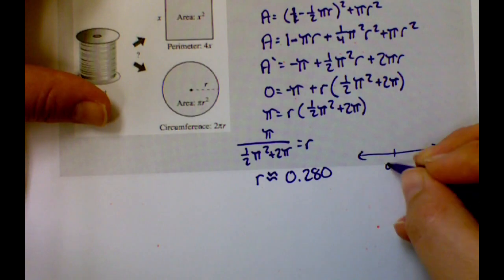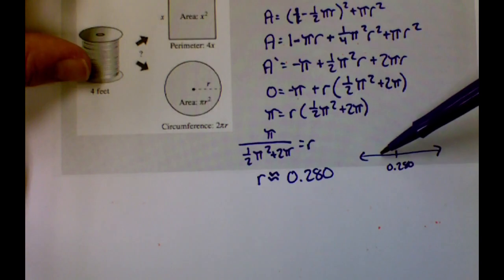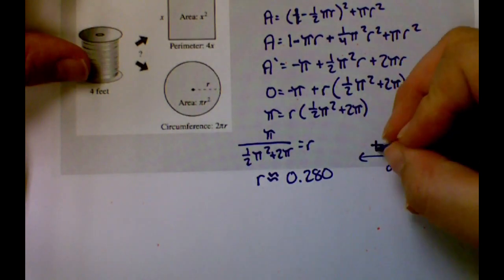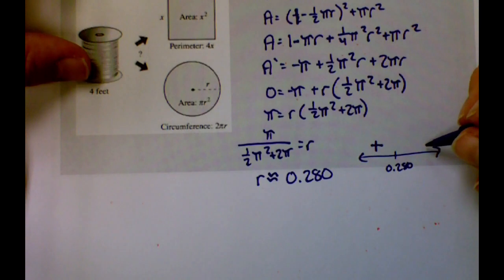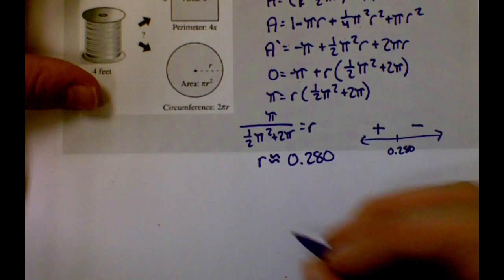Double check here. Into my derivative, if I plug in something smaller than 0.28, I am going to get a positive. Plug in something bigger than 0.28, I get a negative. So 0.28 is going to be my maximum.